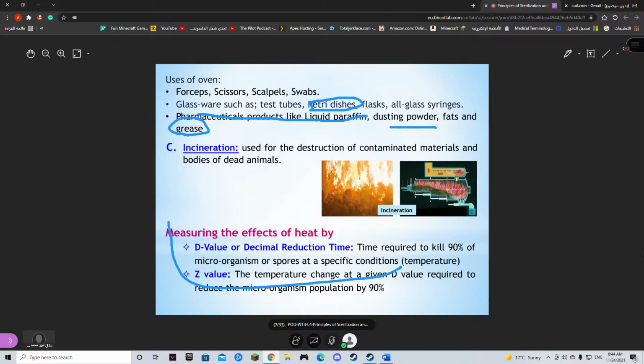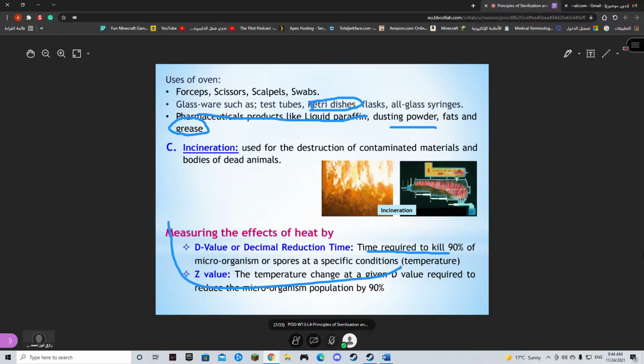Now this concept is very important. The D value, or decimal reduction time, is the time required to kill 90% of the microorganisms. And what is the Z value?